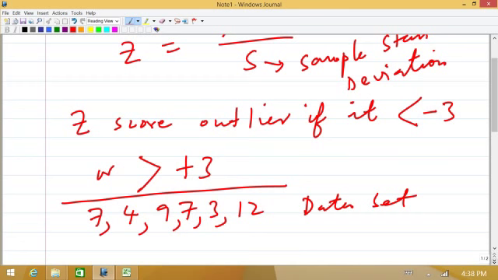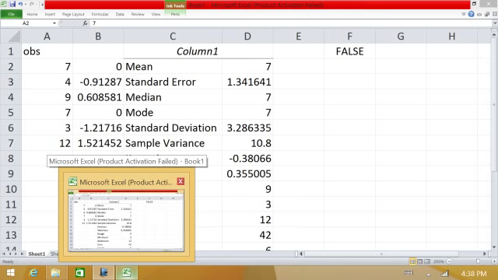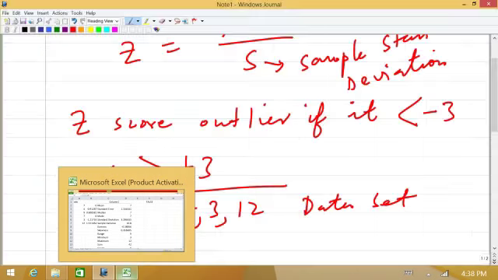Now let's look at this data. How many minutes do you have to wait to be served in a fast food restaurant? Suppose it's 7 minutes, 4 minutes, 9 minutes, 7 minutes, 3 minutes, and 12 minutes. Let me use Excel to get all the measures of central tendency that we have done in the previous lecture.